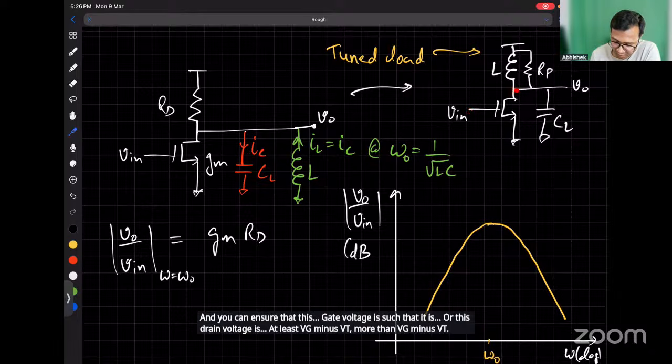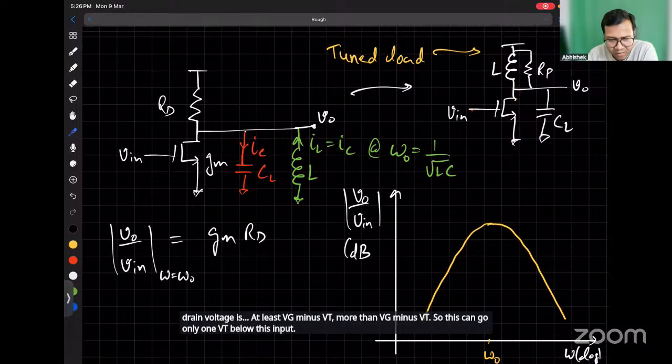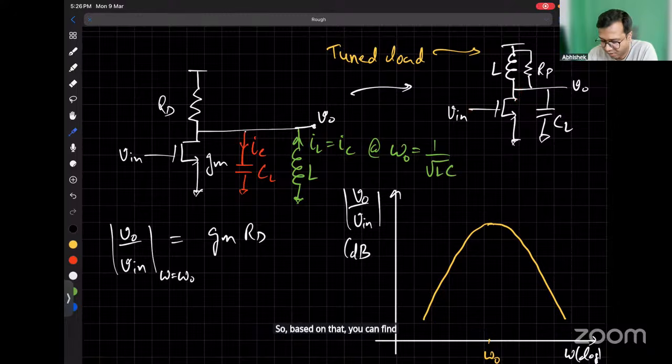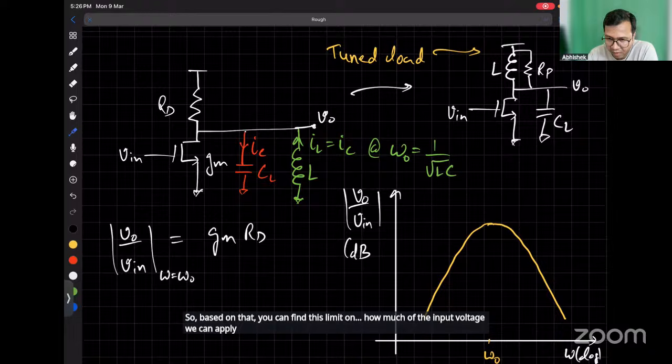Okay, so this can go only 1 Vt below this input. So based on that, you can find this limit on how much of the input voltage we can apply and what can be the swing at the drain side.